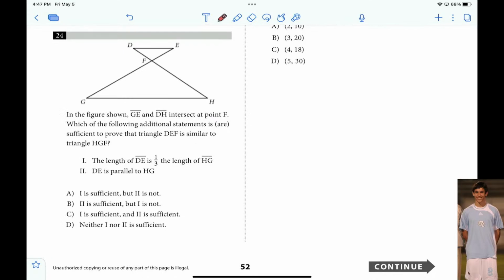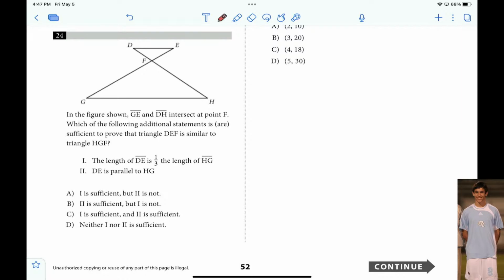So 24. In the figure shown, line segments GE and DH intersect at point F. Which of the following additional statements is or are sufficient to prove that triangle DEF is similar to triangle HGF? You remember earlier, I said when triangles are similar, we don't really care about the sides. We care about the angles.